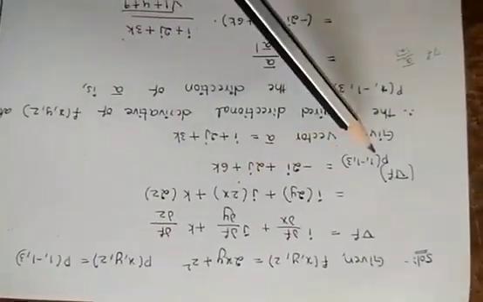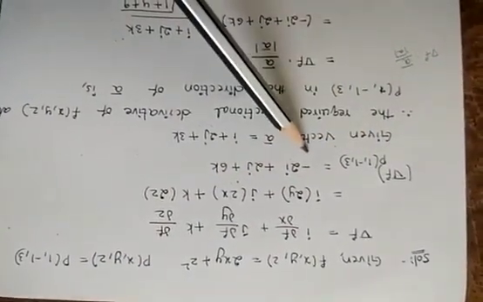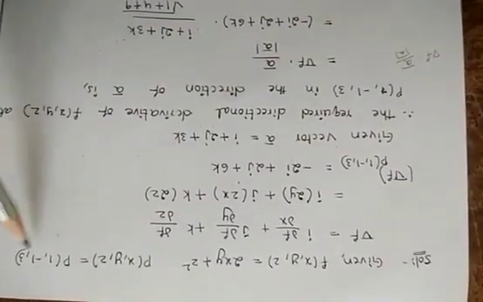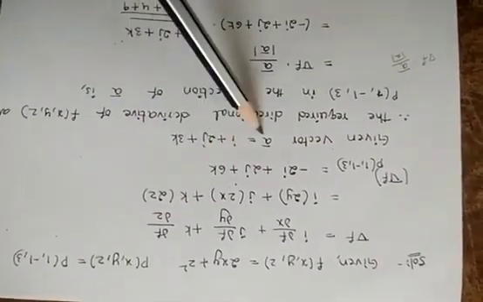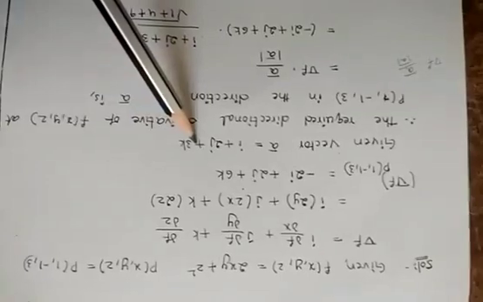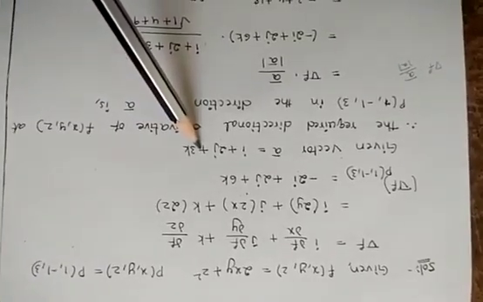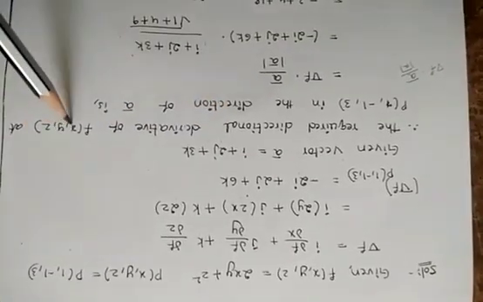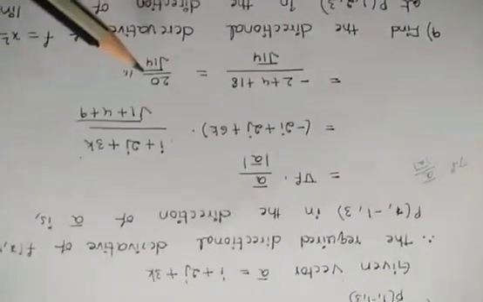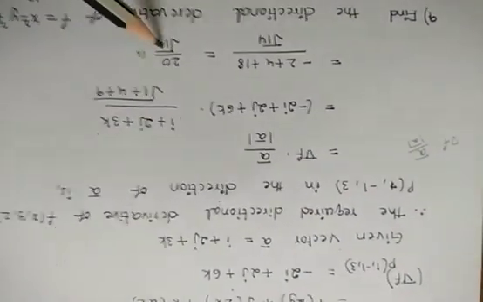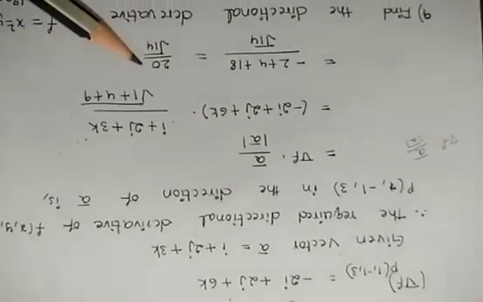First we have to find del f at the given point 1, minus 1, 3, and the given vector is a bar. I already told the formula, that the directional derivative of the function at the point in the direction is del f dot a bar by modulus of a bar. So fixing the above values, we will get the required directional derivative. So simple and so easy, and an important one. Thank you.